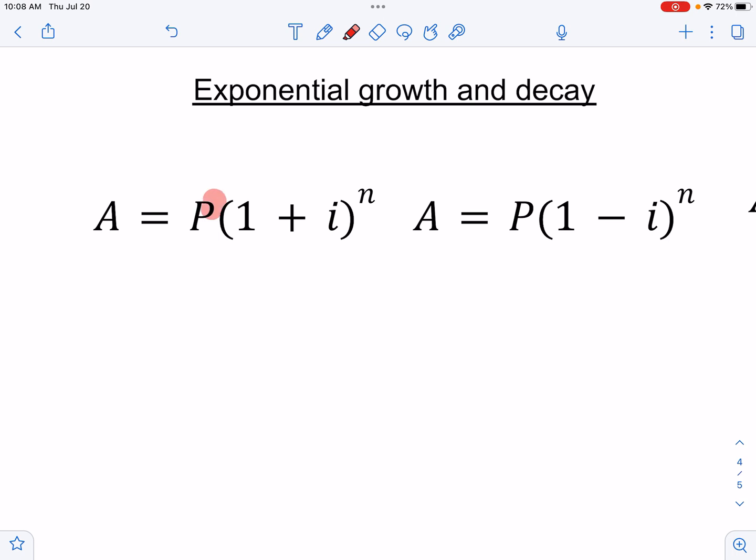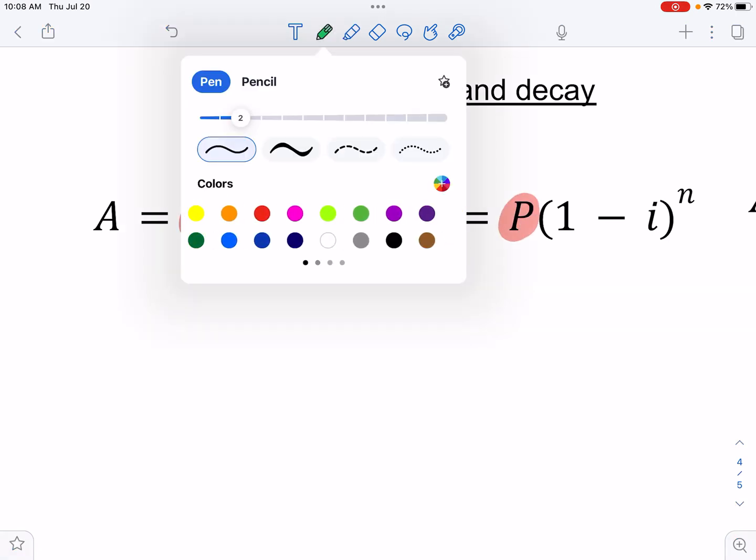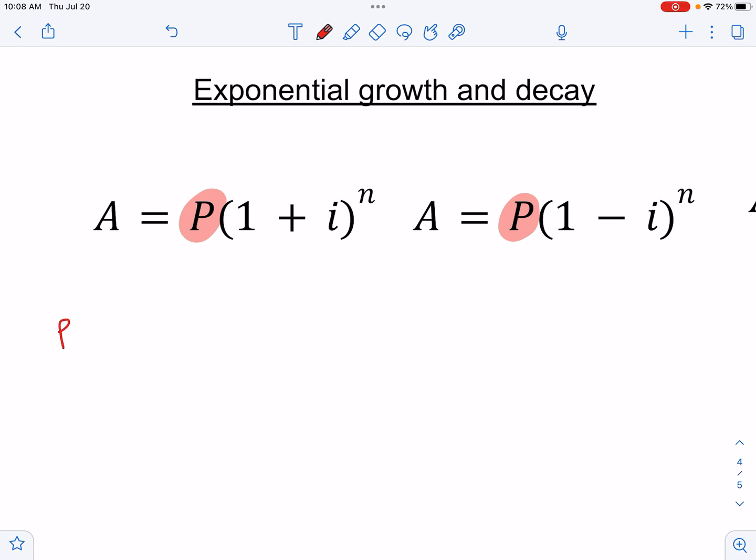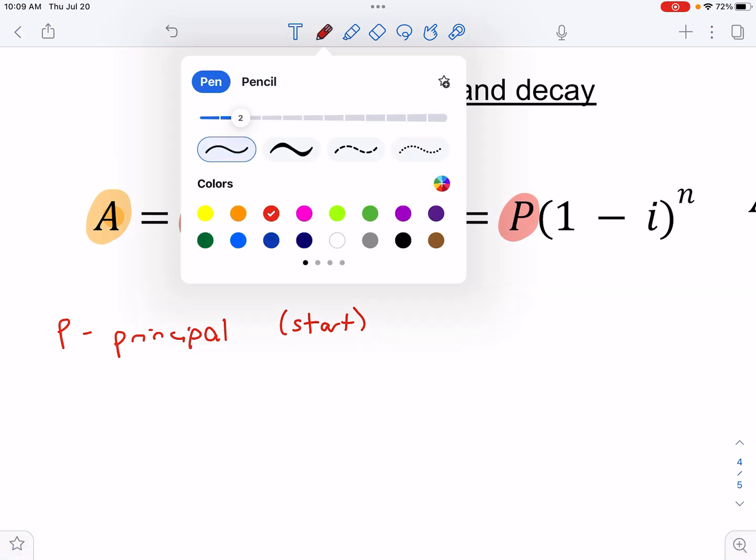The first that you need to know about is P. P is your starting value. It's also called your principal. Okay, how much are you starting at? A, I like to think of as your final amount.